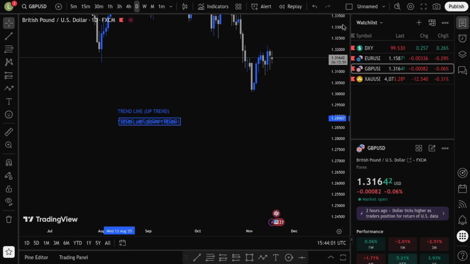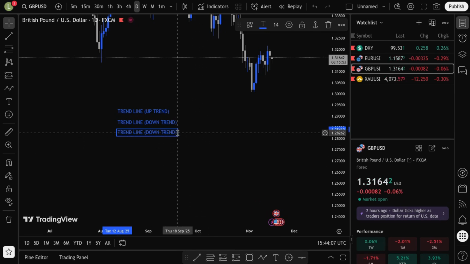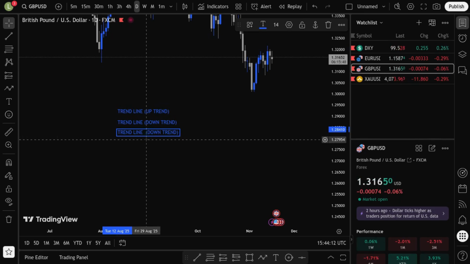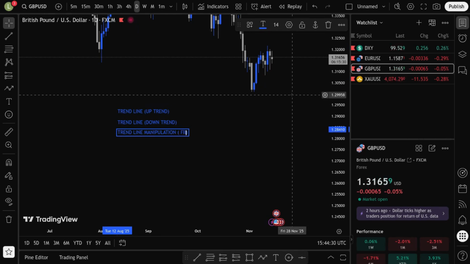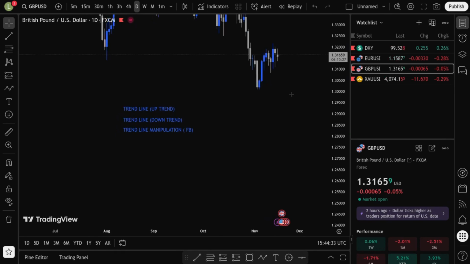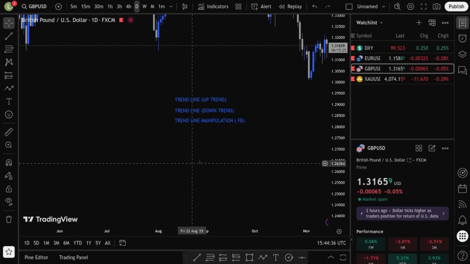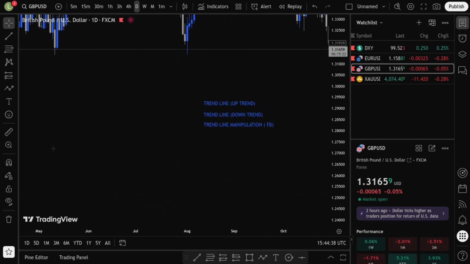I'm going to show you trend line manipulation, in brackets, fake breakout, let's call it FB to save time. So fake breakout, trend line manipulation, fake breakout. These are the three aspects I'm going to show you under this trend line category.